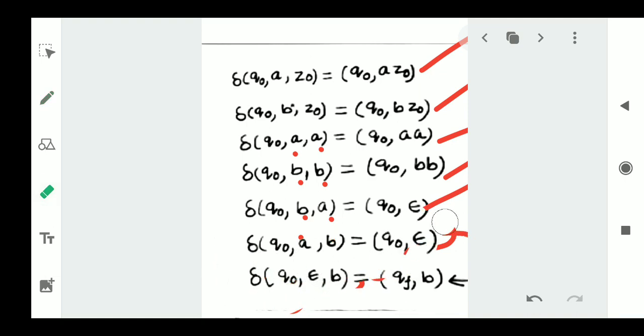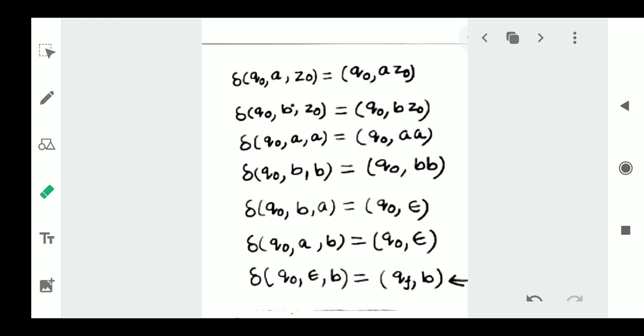This is the instantaneous description which works. Finally, whenever you take any string, we will be remaining with one B. You may get a doubt that we may take far fewer A's than B's.